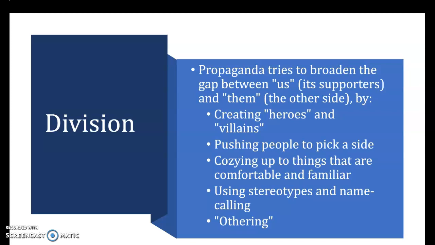Often the propaganda will try to liken itself to other things that are comfortable and familiar. So religion is often something that fits this category. We know that in America, for example, Christianity is a very common religion. Many Americans are Christians. So American propaganda will often try to appeal to Christian values, Christian images, Christian parables, Christian stories, because we know that many American people are so comfortable and familiar with that.